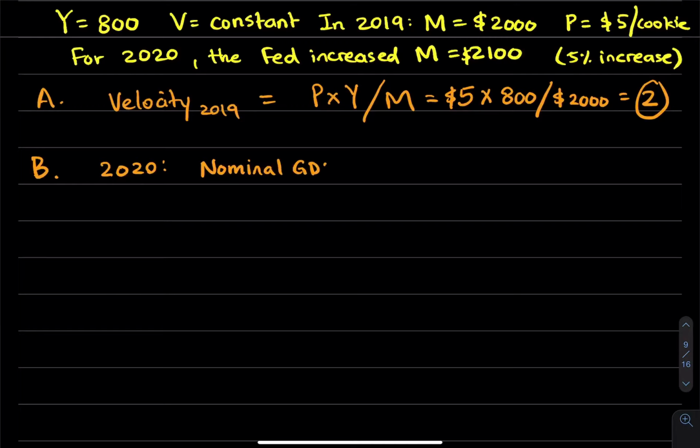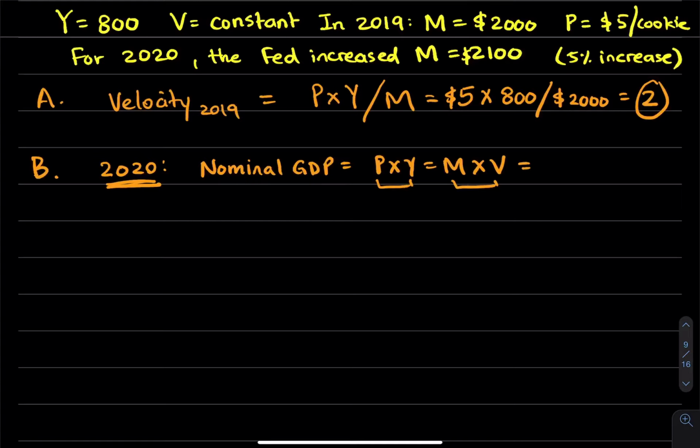Nominal GDP is given by price times Y. But we also know that the quantity equation tells us that price times Y is just money times velocity. These things are equal. So if we know what money times velocity is for 2020, we can then report that answer as P times Y, which is nominal GDP.